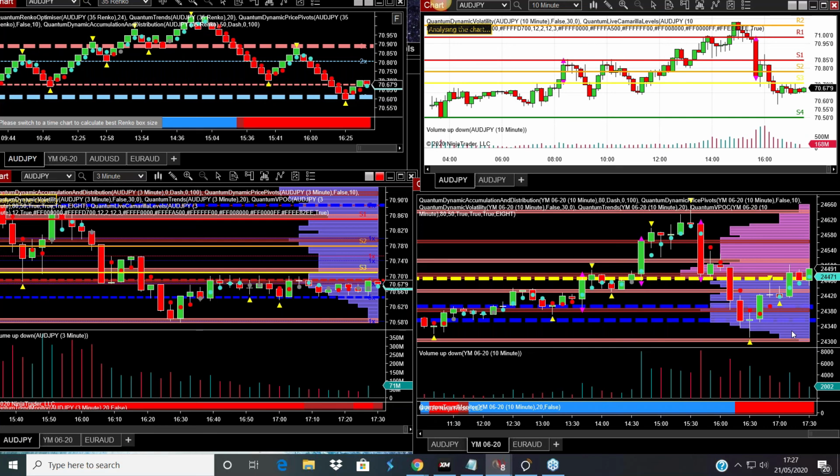And lo and behold, not long after, the indices also reversed. So if you trade Forex, keep an eye on what's happening in the indices. If you don't trade Forex and you're looking at the indices or stock trading on a daily basis, it's always worth keeping an eye on what is happening in the FX market.